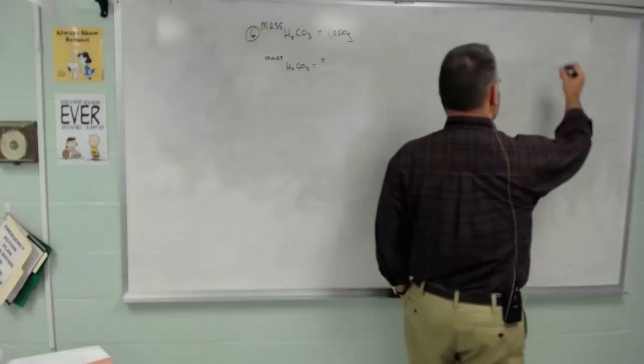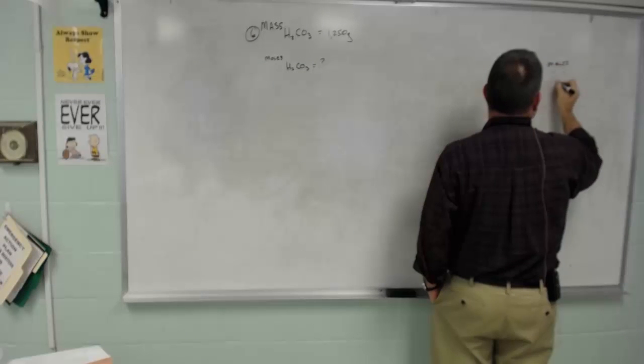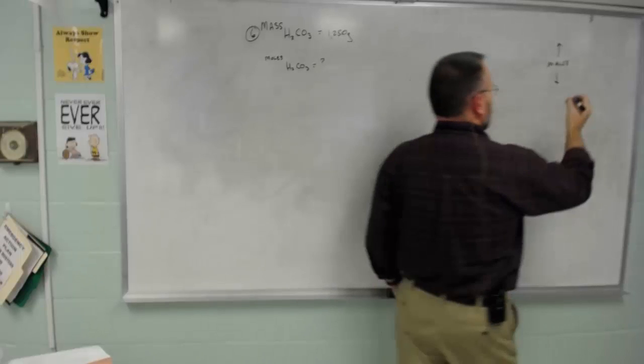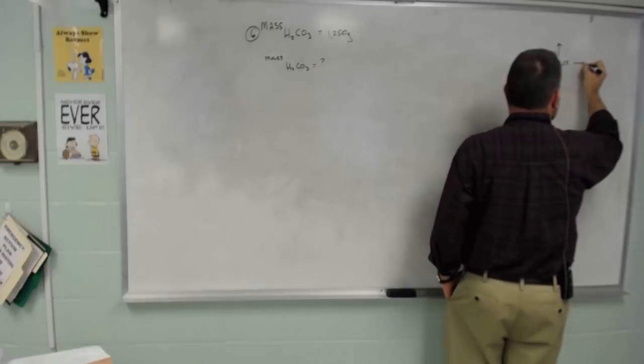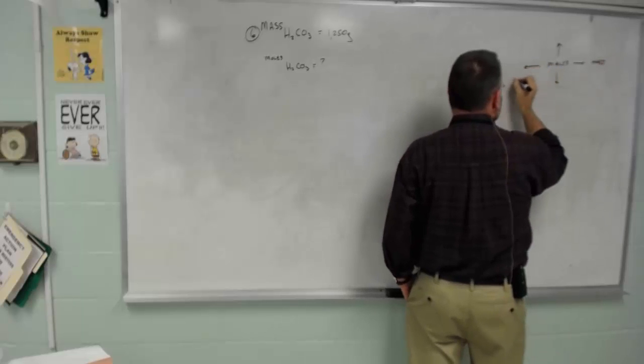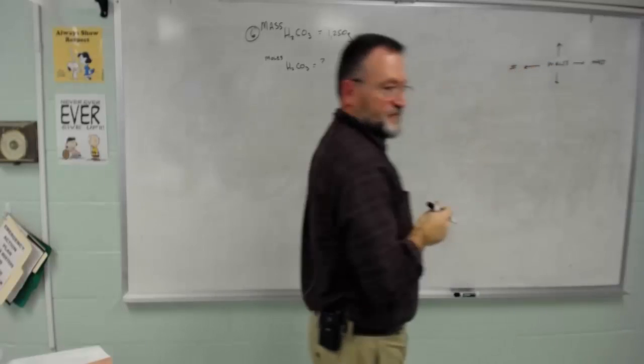So in our generic bridge diagram, remember we had moles. We have upper and lower translations, which we're not using this module. We will in the future. Over in this direction, we went to mass, and in this direction, we went to pieces, or the count.